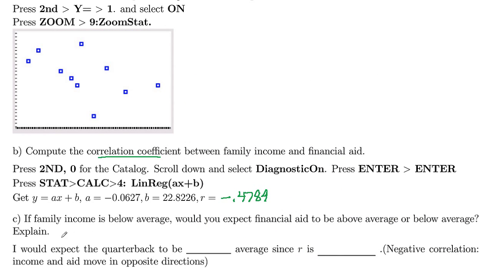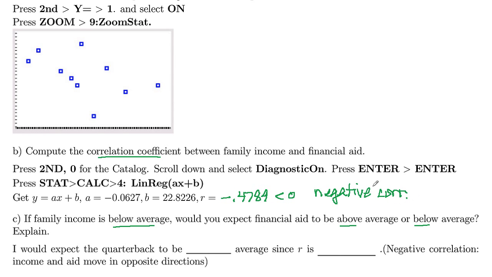Now we want to know, if family income is below average, would we expect financial aid to be above average or below average? The R value is negative, less than 0, which means we have a negative correlation. That means the X and Y variables move in opposite directions.